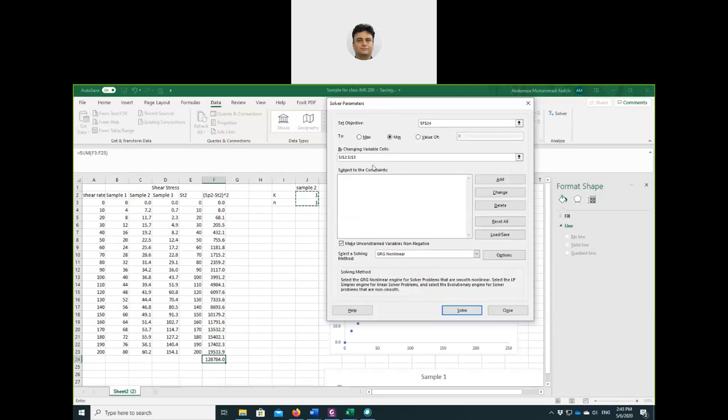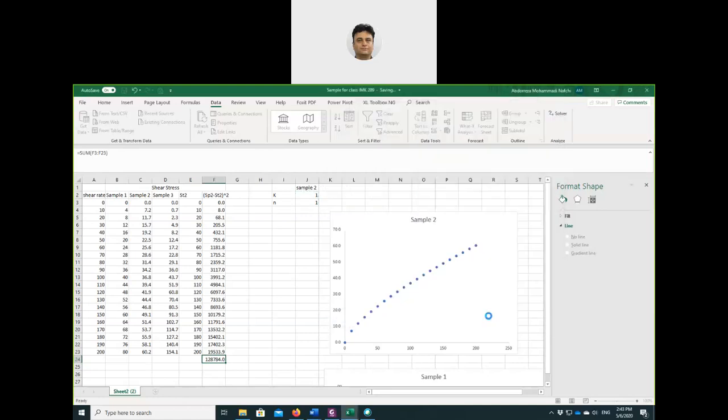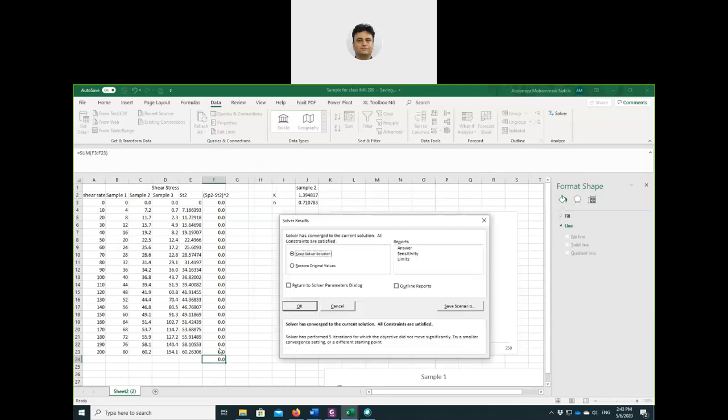Okay, then solve. Yeah, exactly, you can see it reaches 0.